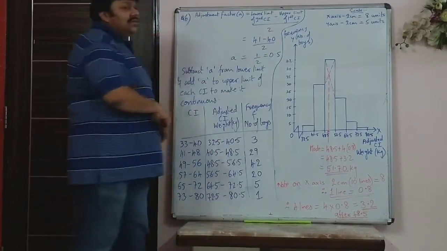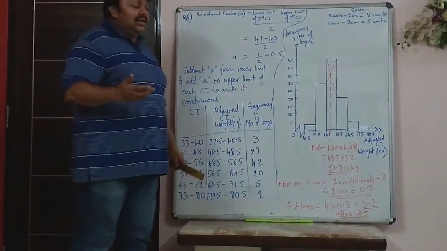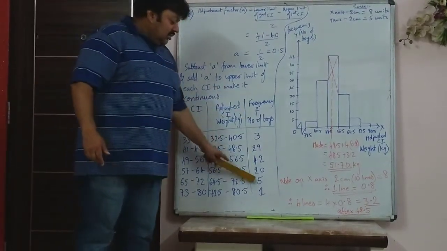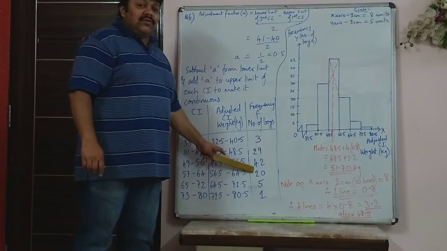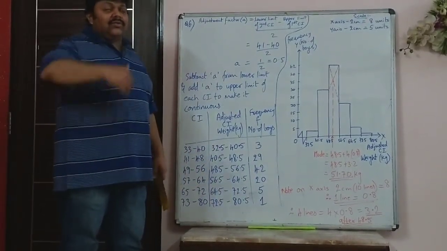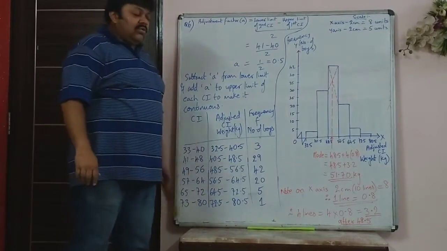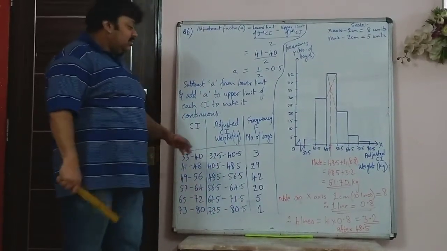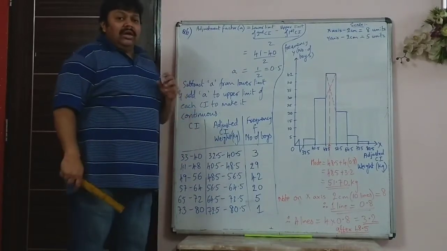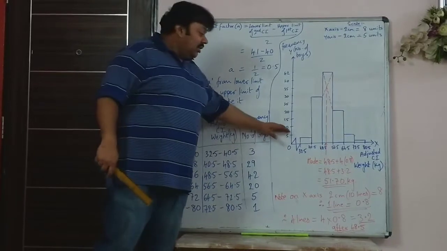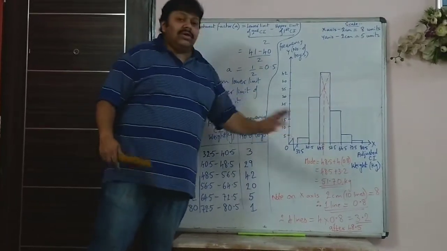On the y-axis, now you have to take a scale that will fit all these frequencies. The maximum frequency is 42. So if you take 1 centimeter as 1, it is not going to fit because there are no 42 lines. You can't take 1 centimeter as 2 also. In fact, it has to be a reasonably big graph. You can't have the graph ending here with only the last 2 lines drawn.